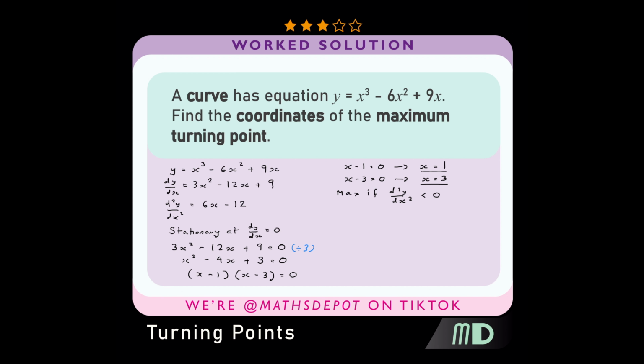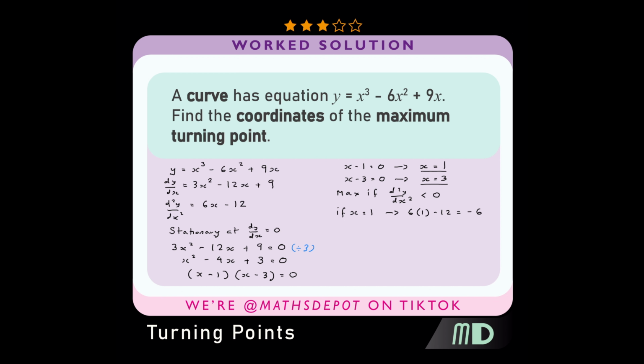Substituting the values of x we have found into 6x minus 12, first, if x is equal to 1, then 6 multiplied by 1 minus 12 is equal to minus 6.